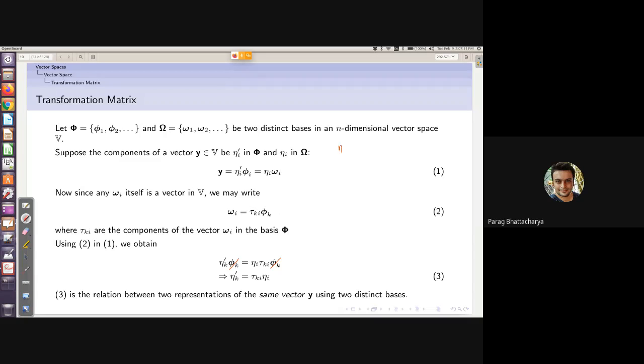Let me repeat once again. Eta i prime, these are the components in the vector space.